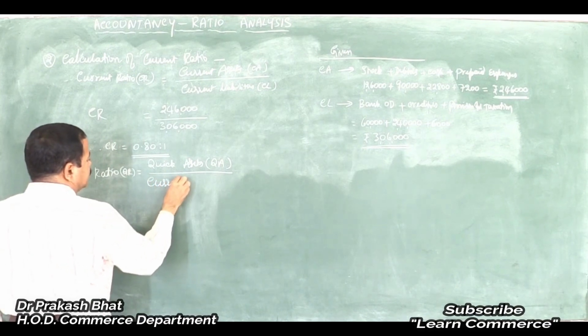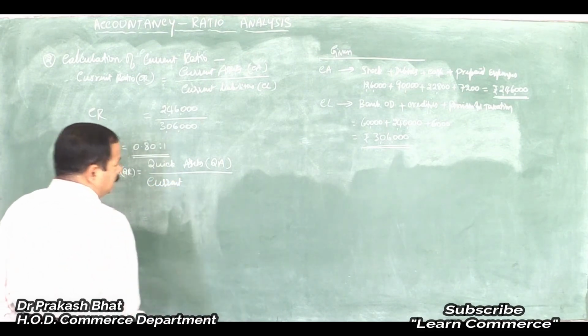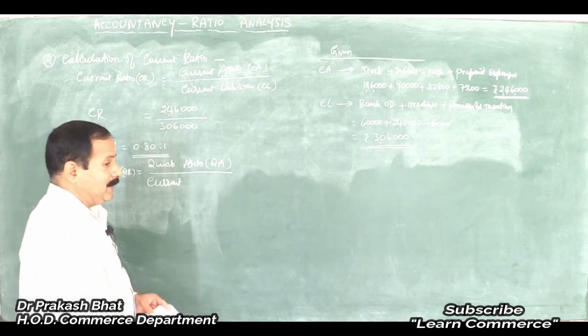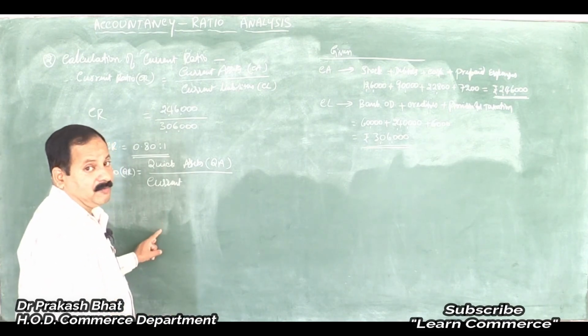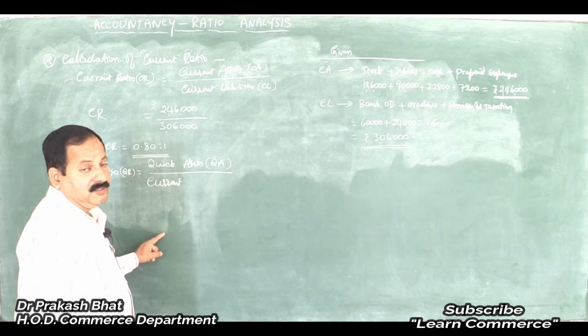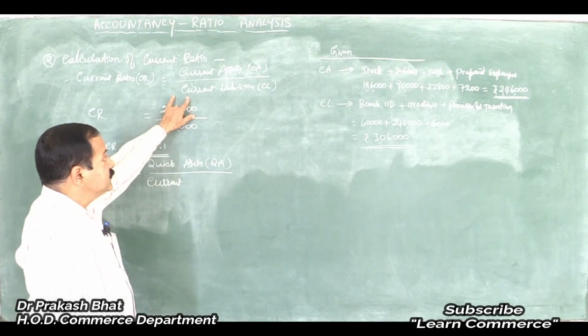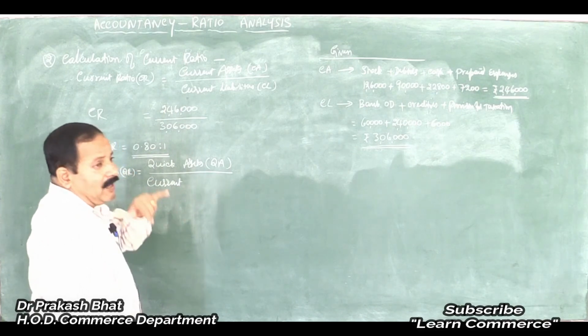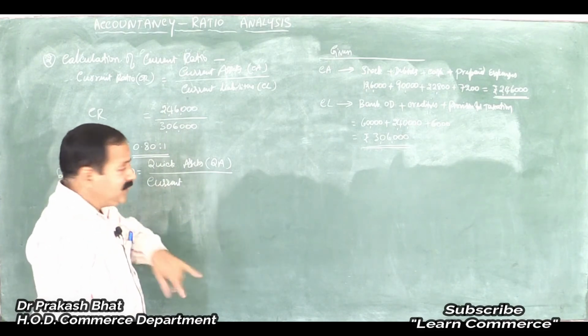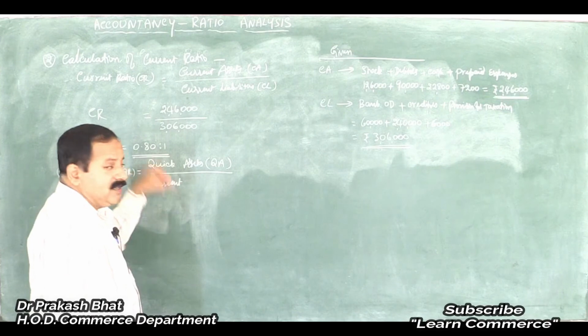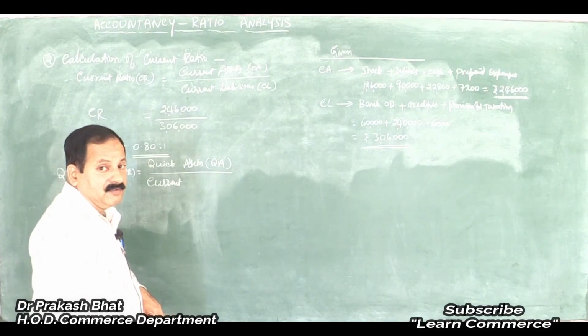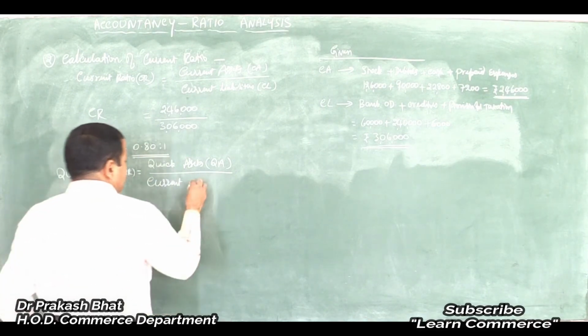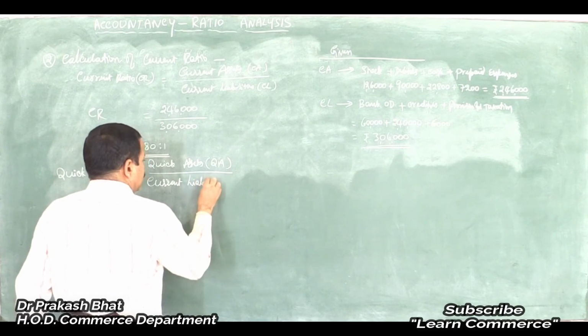Remember friends, by mistake in the examination some students write quick liabilities and it is wrong. For current ratio you write current assets divided by current liabilities, and here the students take quick assets divided by quick liabilities. No, the formula is not that. Formula is quick assets divided by current liabilities. Remember, clear?